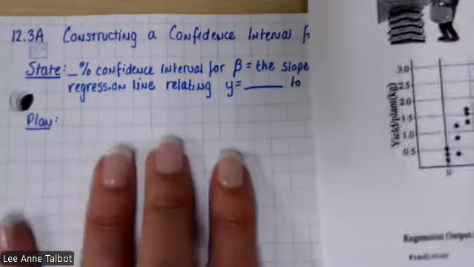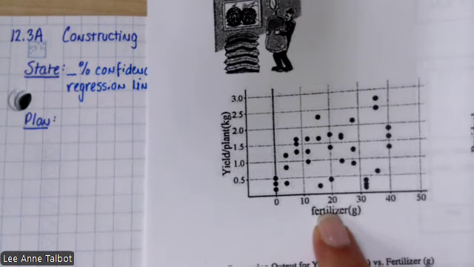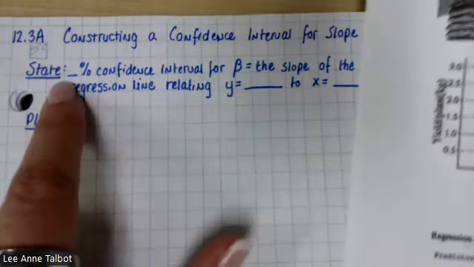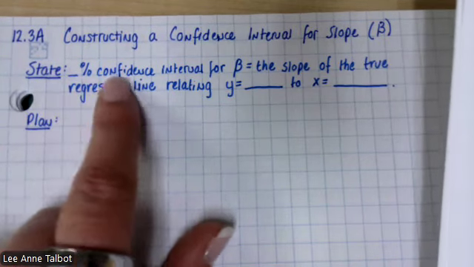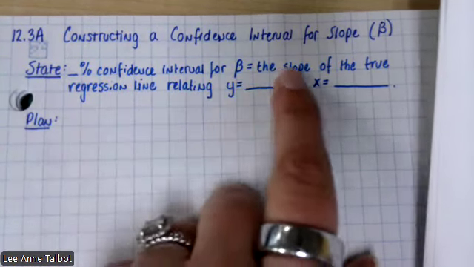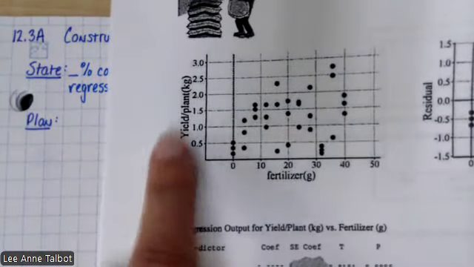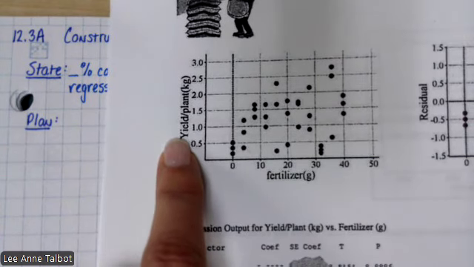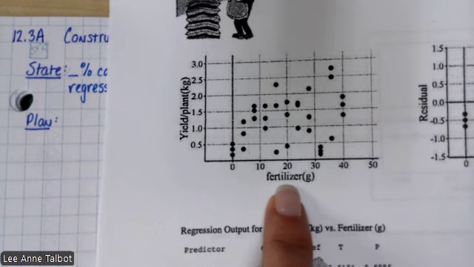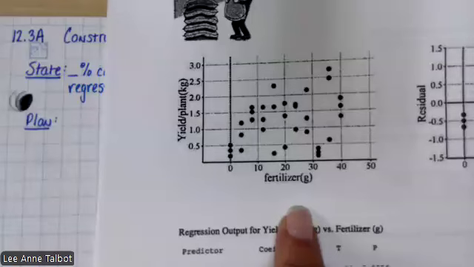What I want to do real quick is just verbally say the state out loud, looking at this scatter plot. Okay, so we're going to do a 95% confidence interval for beta equals the slope of the true regression line relating yield per plant in kilograms to fertilizer in grams. Okay, y to x. Everybody got it?